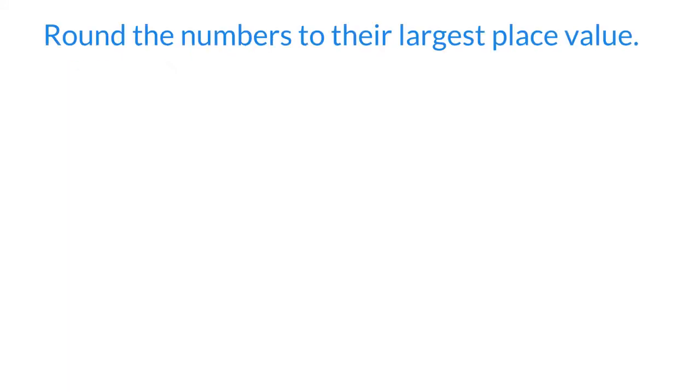So let's go back to our learning target, which is that we can round any number to its largest place value. So for example, if we were to start with the number 563, the largest place value in this number is the hundreds place. So we would need to round this number to the nearest 100.